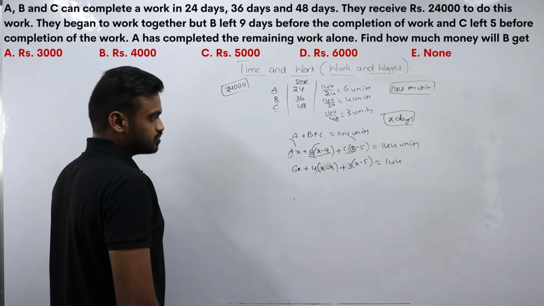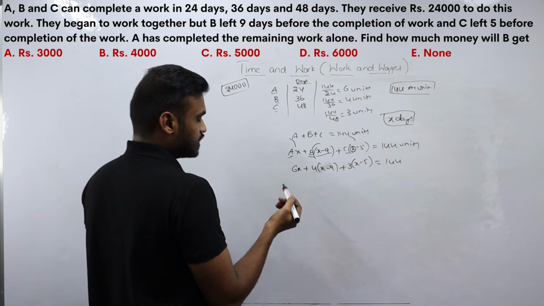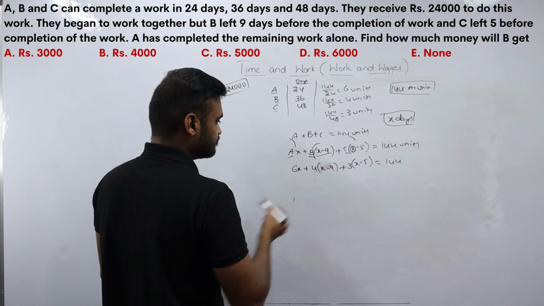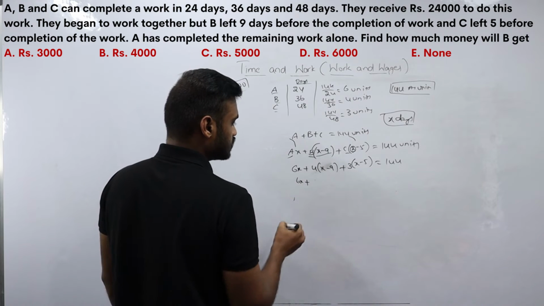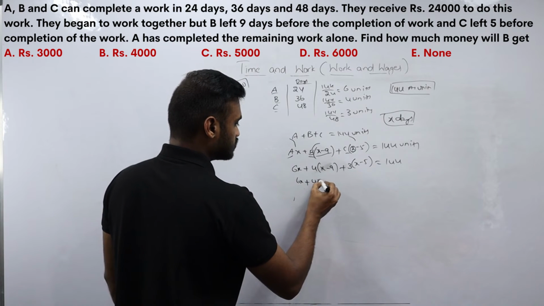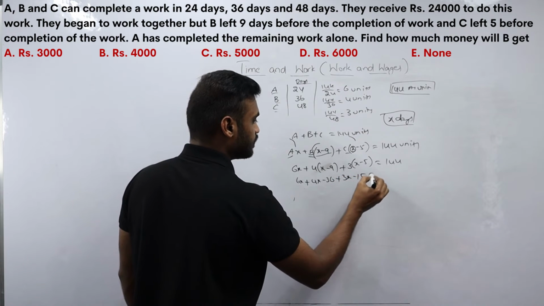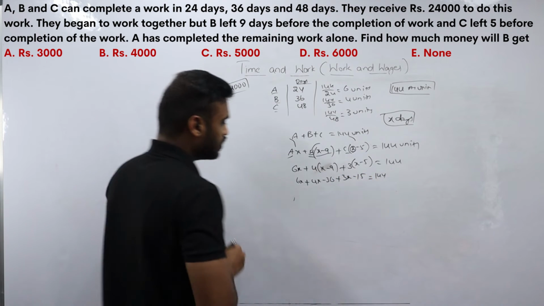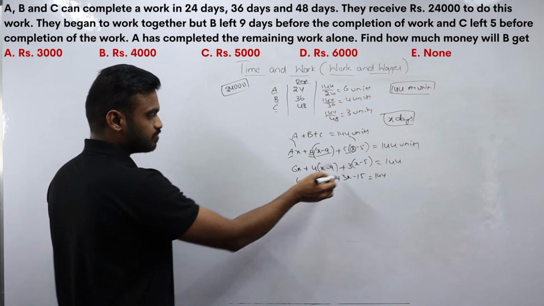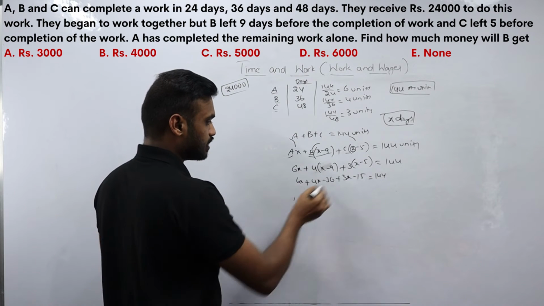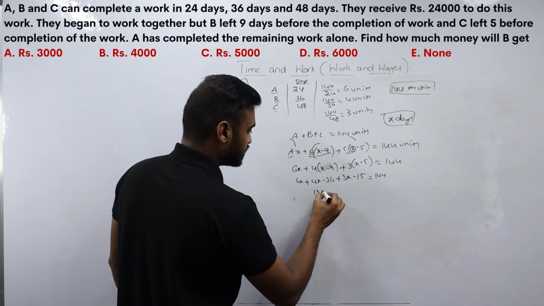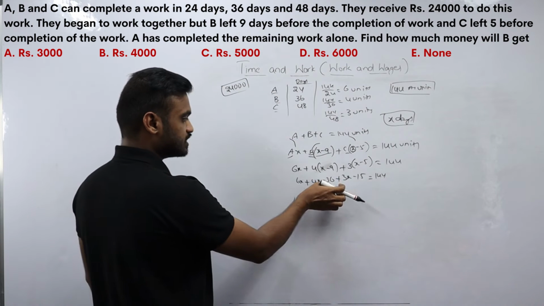Now if I multiply this out, I will get 6x plus 4 into x minus 9, that is 4x minus 36, plus 3 into x minus 5, that is 3x minus 15, equal to 144. Now 6x plus 4x plus 3x, that is 6 plus 4 is 10, plus 3 is 13x.